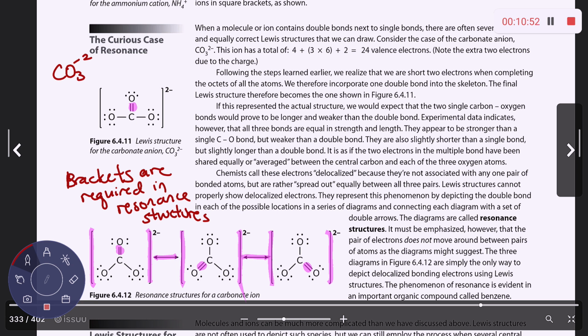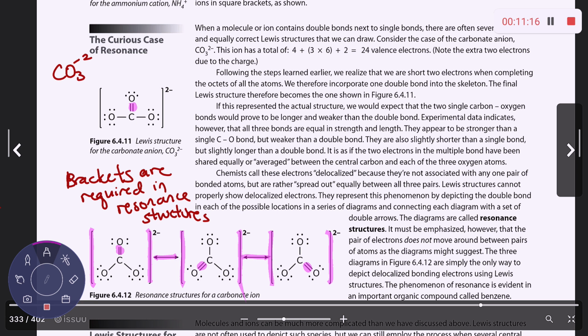Now, you might think that if we were to take a picture of this molecule, like in real time, that we would see this double bond in one of those 3 locations. But in reality, that's not what's happening. These electrons that are involved in the double bond are actually spread out between all 3 of these bonds.